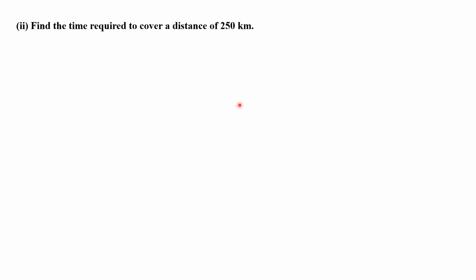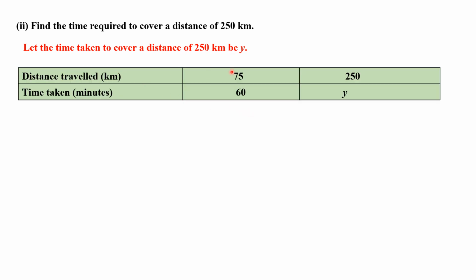It means in 1 hour the train is covering a distance of 75 km, and you have to find how much time it will take to cover a distance of 250 km. So we'll assume the time taken to cover a distance of 250 km be y, and we already know that as the speed is uniform, the distance covered will be directly proportional to time, isn't it? So I have written in 1 hour, 60 minutes, the distance covered is 75.